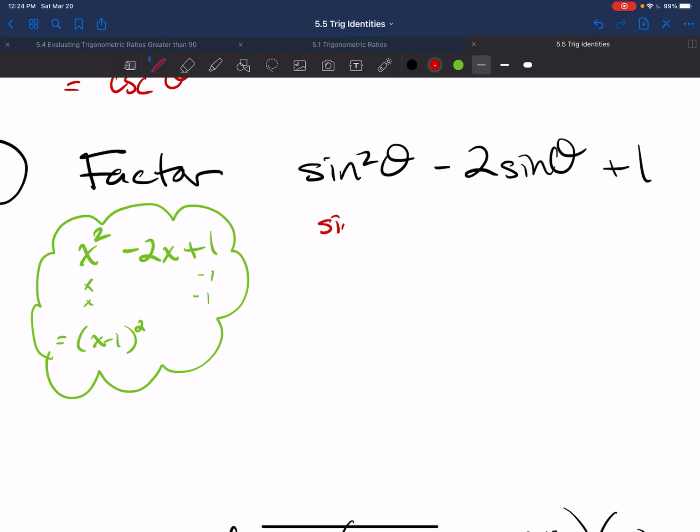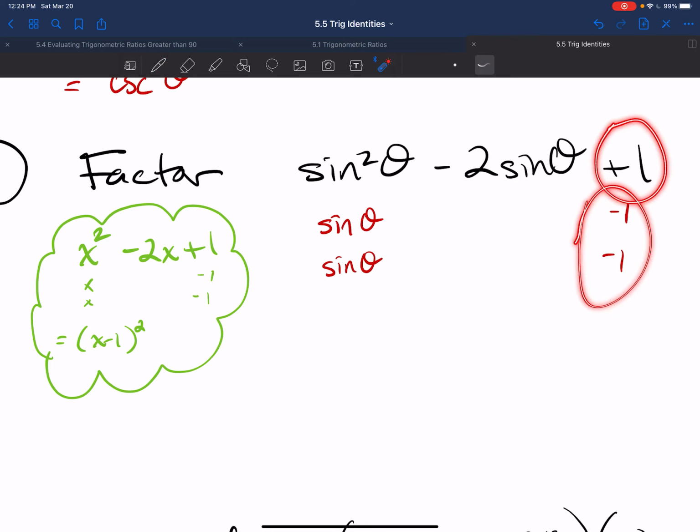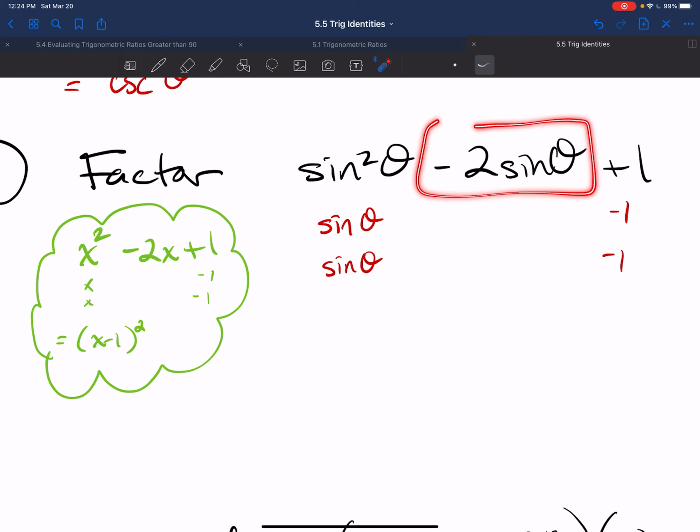So sine squared theta is sine theta times sine theta, just like x times x. Negative 1 times negative 1 gives me 1 in the middle. And when I cross multiply, I get negative 2 sine theta, just like I got negative 2x.